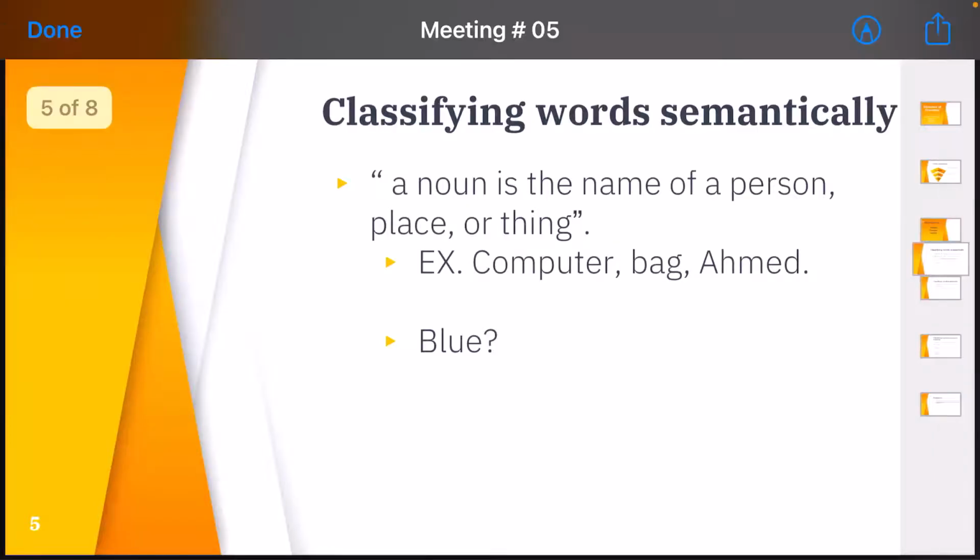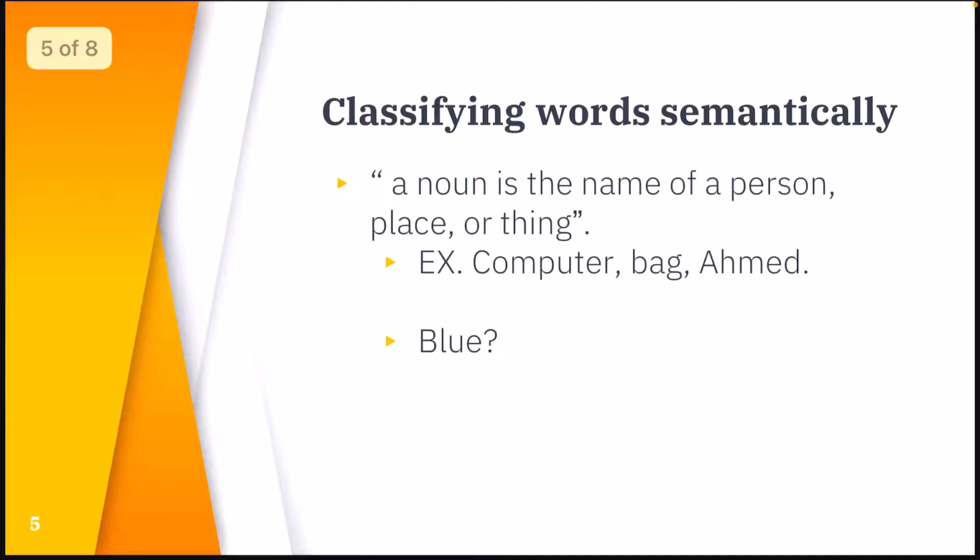Instead, words are classified through their structural or formal characteristics. In other words, parts of speech could be classified according to their position in a sentence, or according to adjacent function words, or according to their constituents.